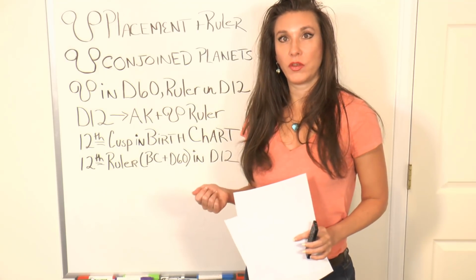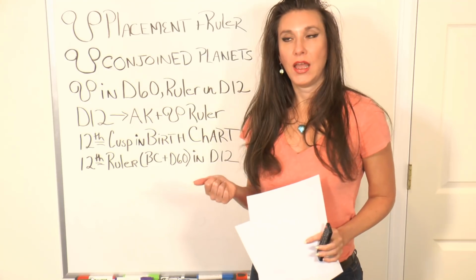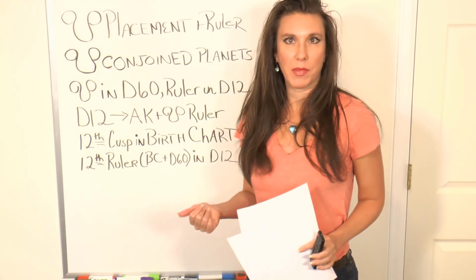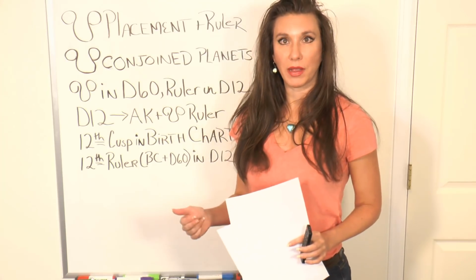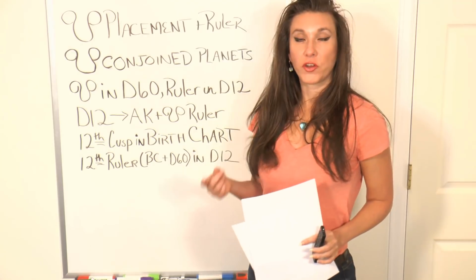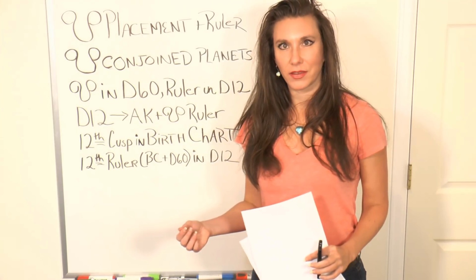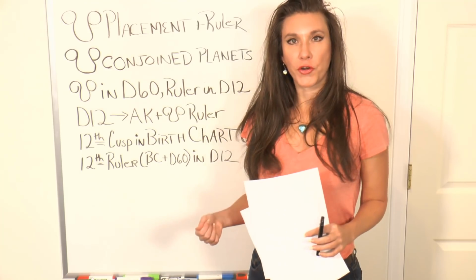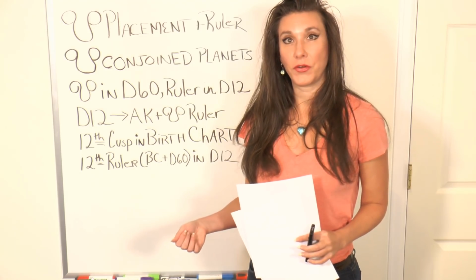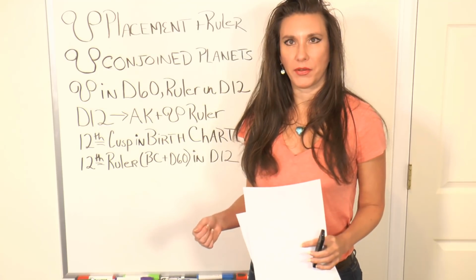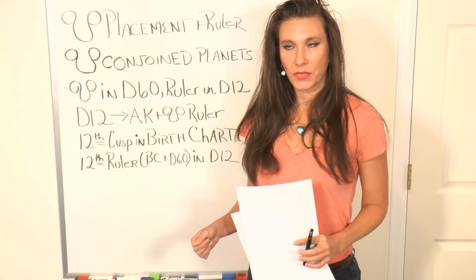Rahu represents your mother's mother, your maternal grandmother and all her relatives, or her ancestors. And it represents your paternal grandfather and all of his ancestors. Ketu represents your maternal grandfather and his ancestors, and your paternal grandmother and her ancestors.